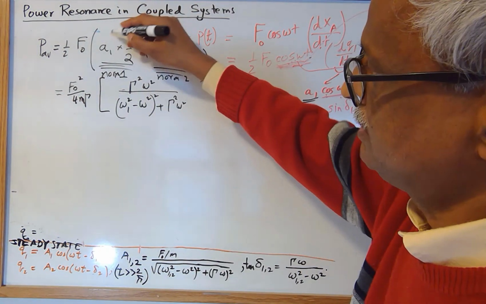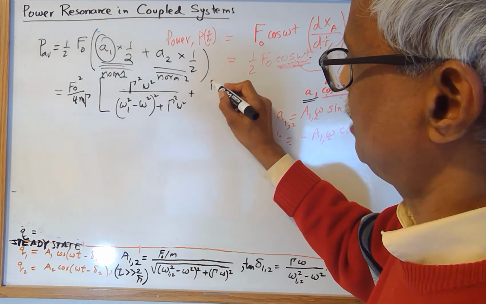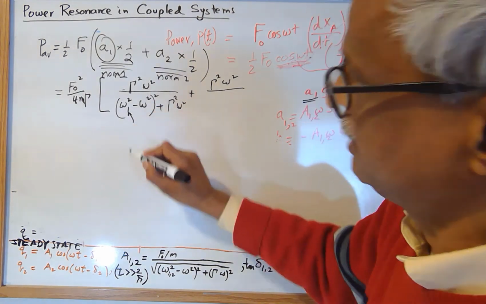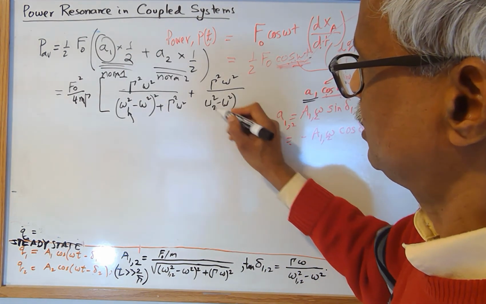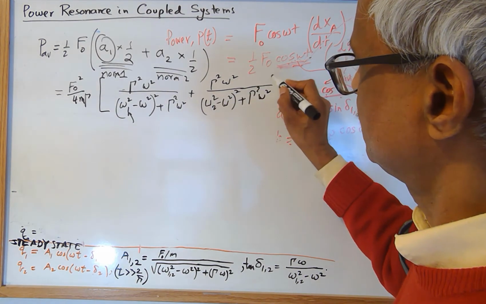So that's this term a1, and the other one is gamma squared omega squared over omega 2 squared minus omega squared, plus gamma squared omega squared.